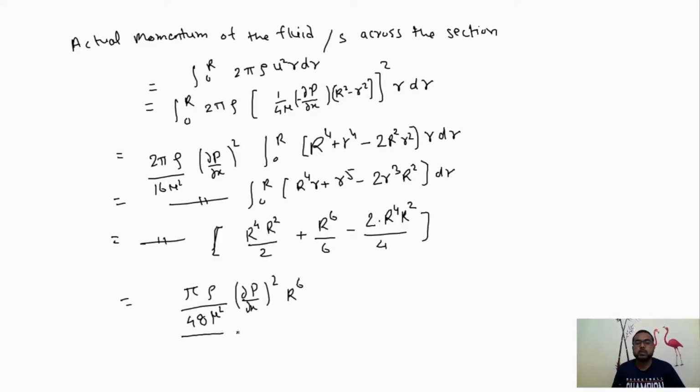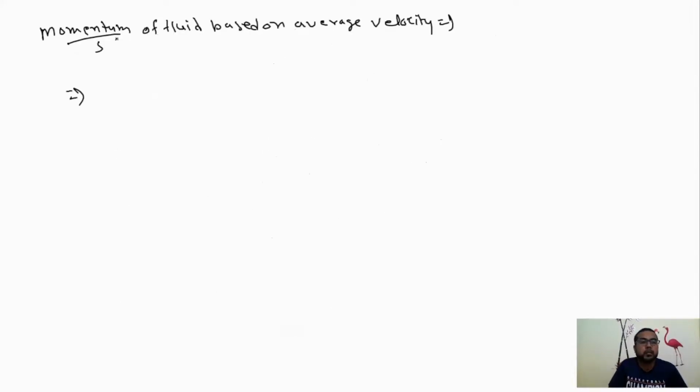So this is the final expression. Now calculate the momentum per second of the fluid based on average velocity.